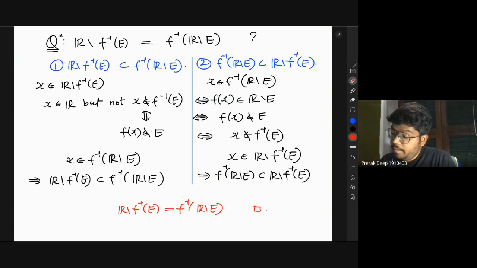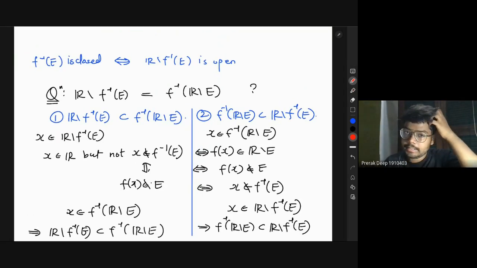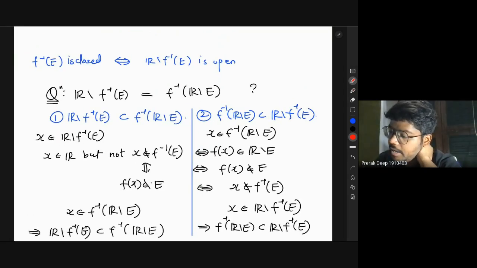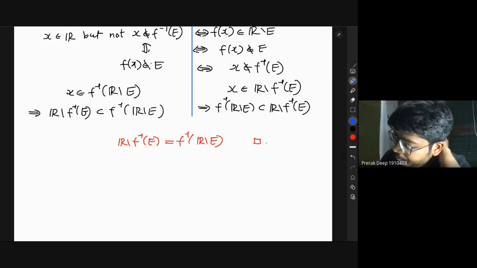Now what is the power of this equality? The power of this equality is that because these two are equal sets, if this is open, then this is open.